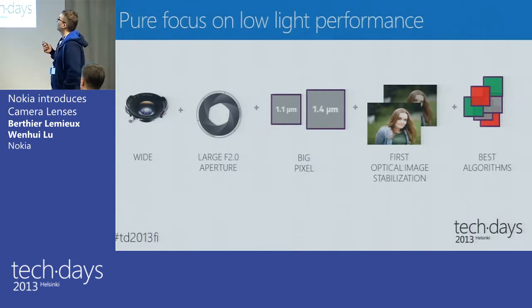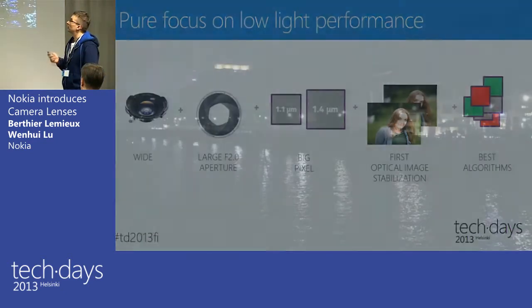And again here, the optical image stabilization comes into play because it eliminates the shake of your hand. You can have longer exposure, and that means more light that hits your sensor. So at the end of the day, a better image in low light. And the guys from Tampere, again, developed the best algorithms to process all those images made in Finland. So low light performance on the 920 is really good.